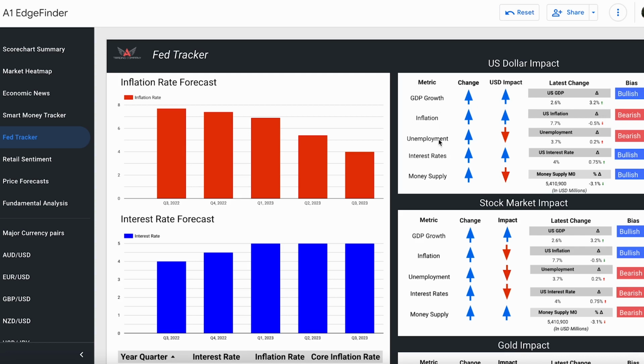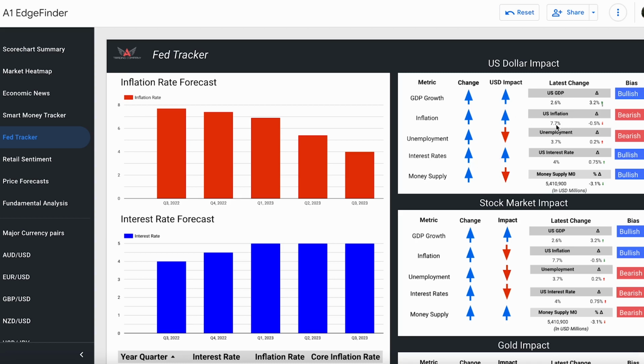Inflation is tricky because inflation and interest rates go hand in hand, as we just mentioned, and higher interest rates are actually good for currency strength. So as long as inflation doesn't get too out of control, higher inflation can theoretically be a good thing for currency strength because it means higher interest rates.